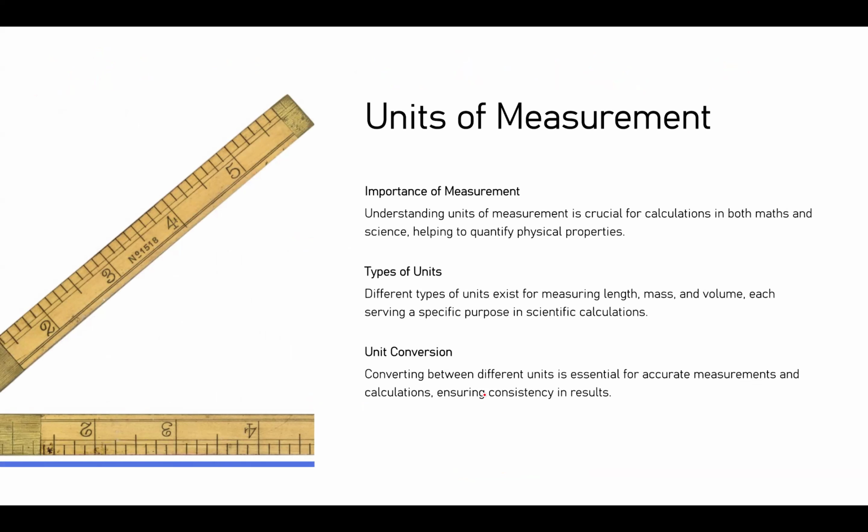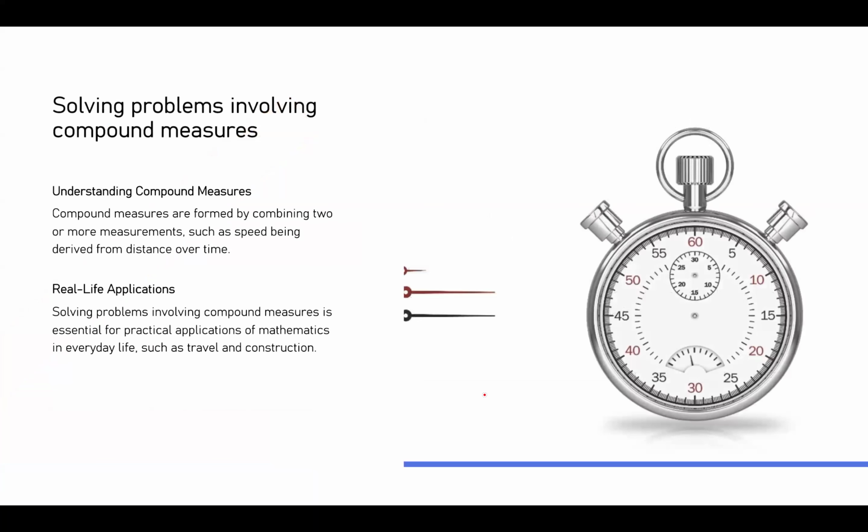Converting between different units is essential for accurate measurements and calculation, ensuring consistency in results. Compound measures are formed by combining two or more measurements, such as speed, being derived from distance over time. Solving problems in compound measures is essential for practical applications of mathematics in everyday life, such as travel and construction.